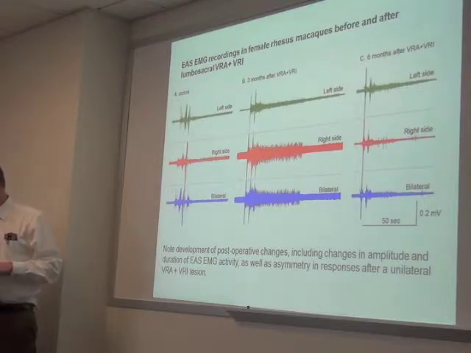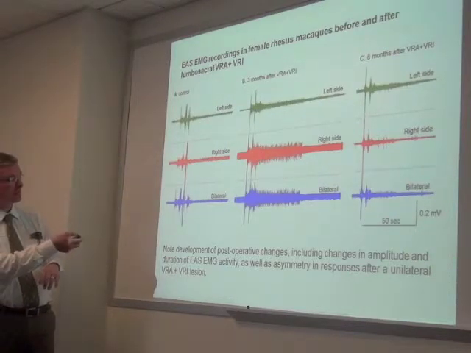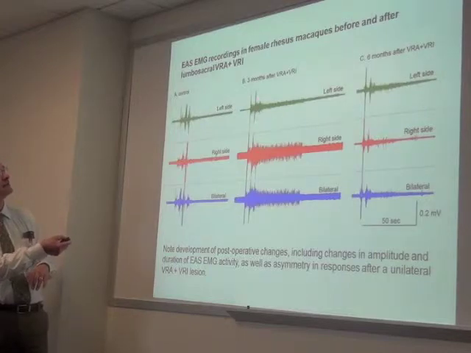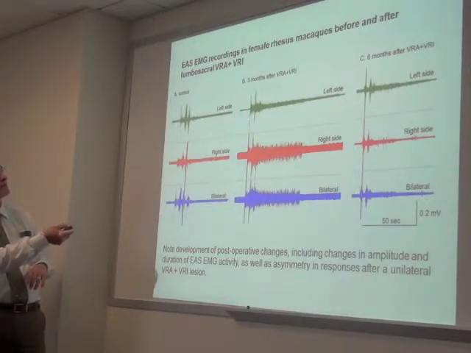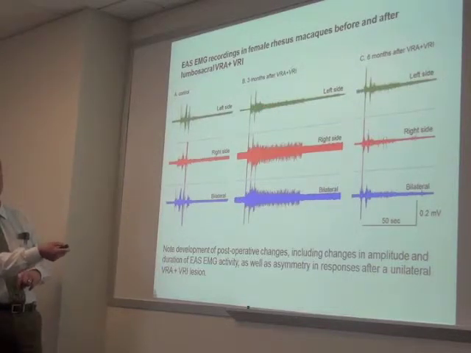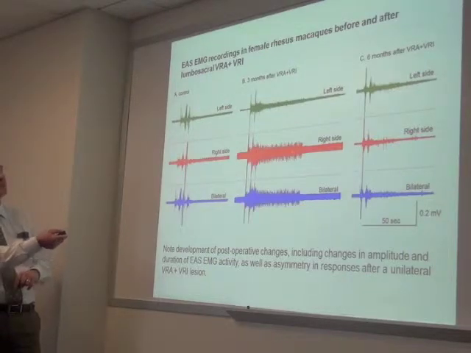So that's why we may see also here that there is a difference between the left side and the right side. The left side is the injured side. And it makes sense that the left side may have a smaller overall signal than the right side, because the right side still has its innervation. So having a side difference is actually not surprising, because the left side is the injured side.